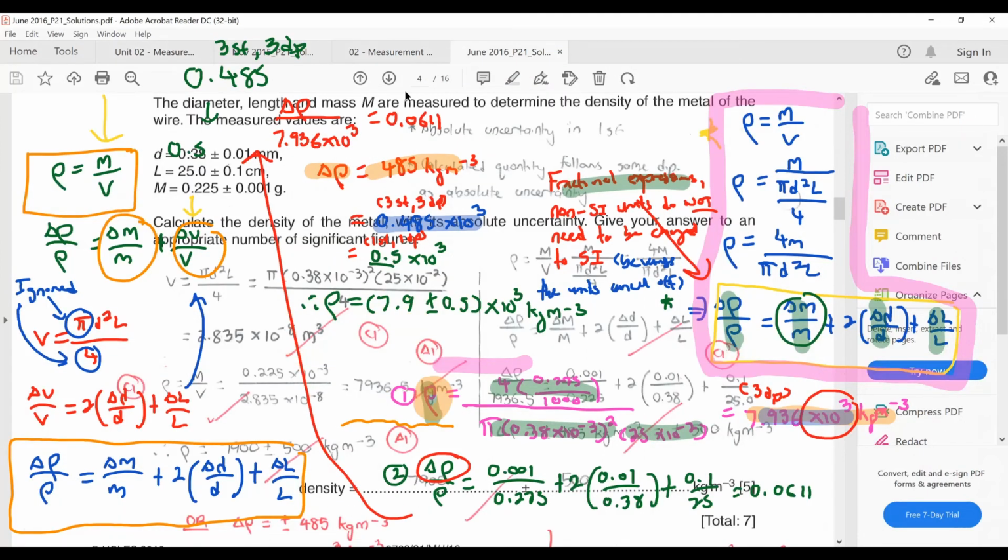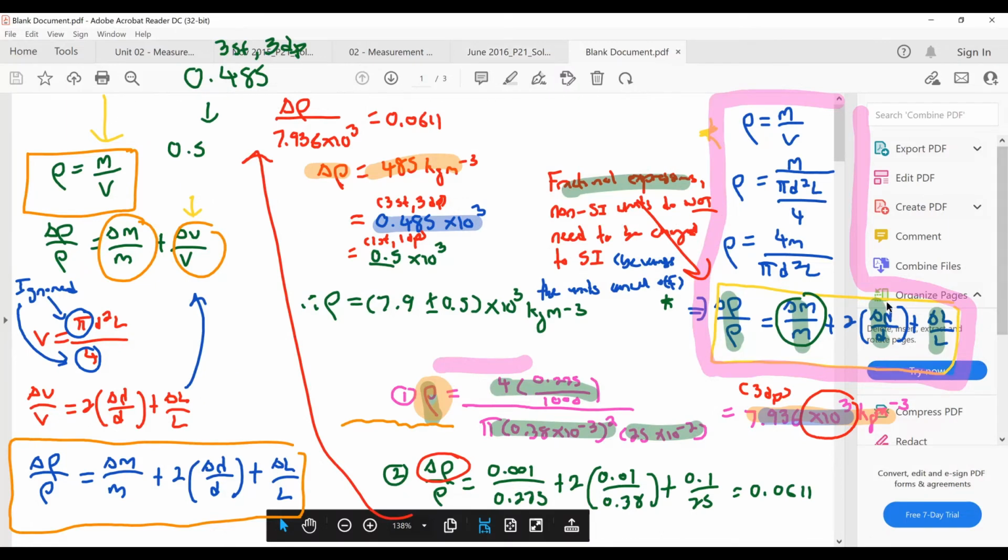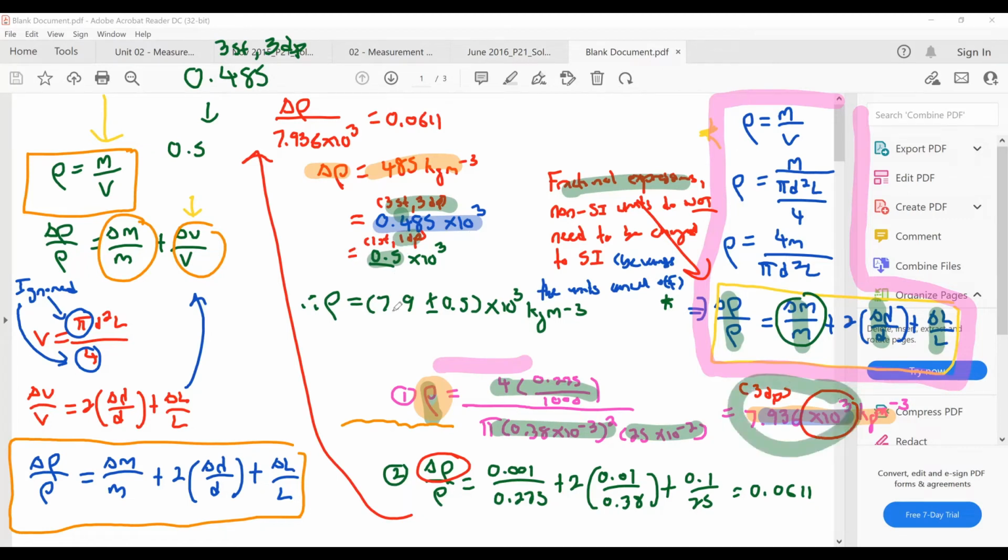So right now, I see that it's very messy. Let me just open something blank first. Okay, now this one might be easier to see. 0.485 times 10 power 3 is 3 SF, 3 dp. I round it to 1 SF, it becomes 0.5, but at the same time, it becomes 1 dp. So now since this is 1 dp, my measured value must also be at 1 dp, giving me this.